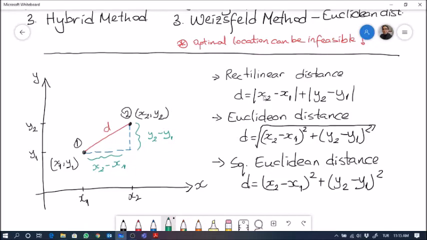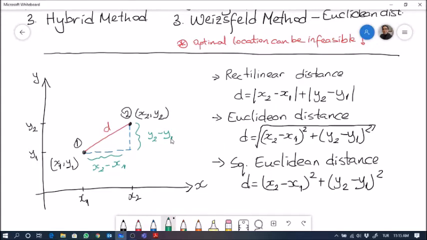So the rectilinear distance in this case will be the absolute value of x2 minus x1 plus the absolute value of y2 minus y1. Why absolute value? Because the distance cannot be negative. The Euclidean distance, on the other hand, is the shortest path between these 2 points. So it is the square root of (x2 minus x1) squared plus (y2 minus y1) squared.